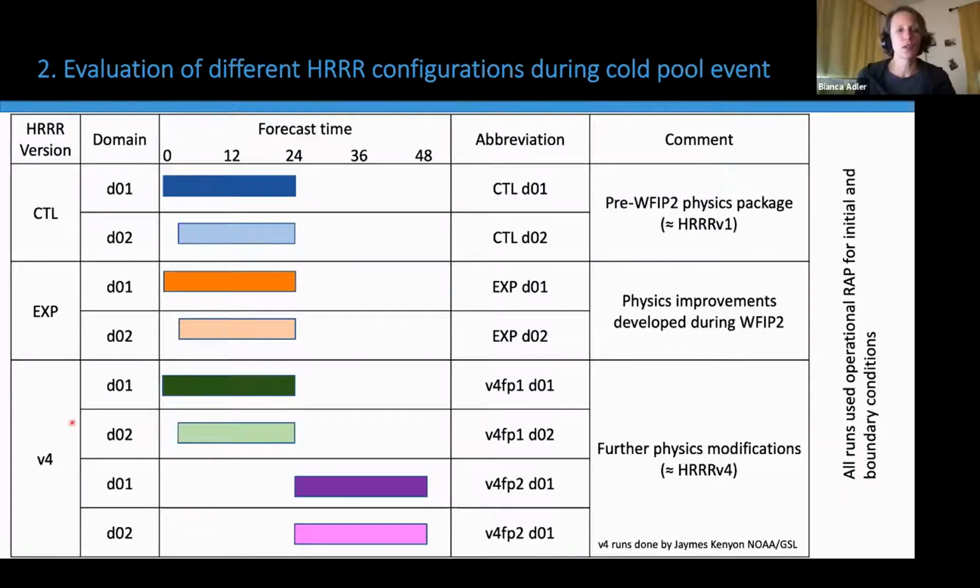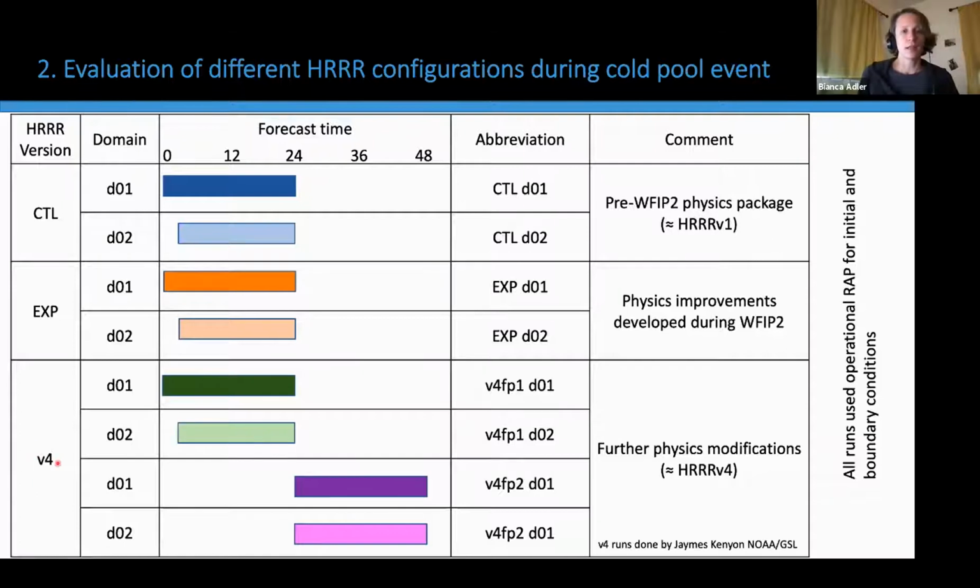And then the third version is very close to the currently operational HRRR version 4, and it includes many of the improvements of experimental. All runs use the same RAP data for initial and boundary conditions and are initialized at 0 UTC. The control and experimental runs were done for the whole WFIP2 period, and they were 24-hour forecasts.